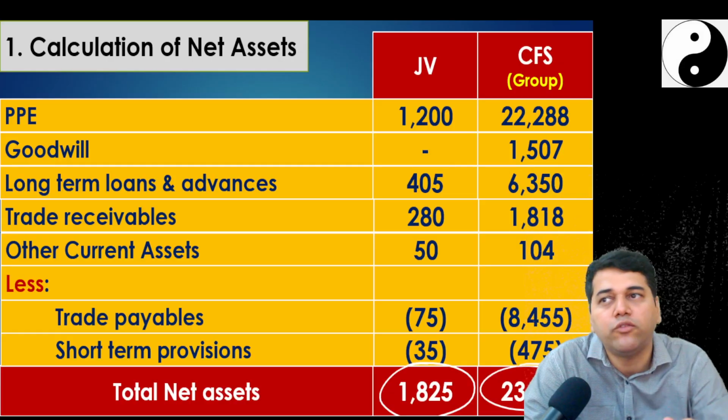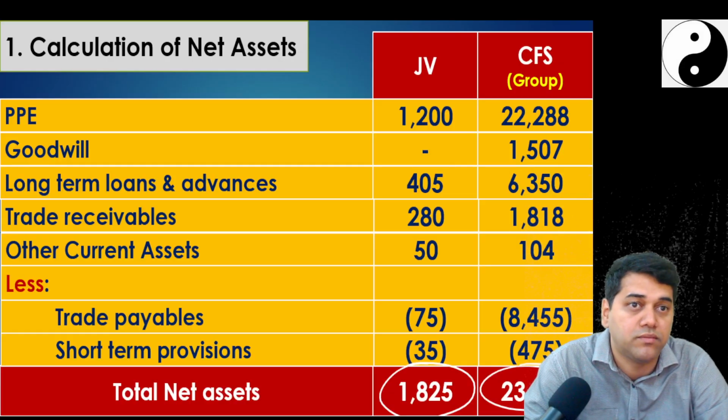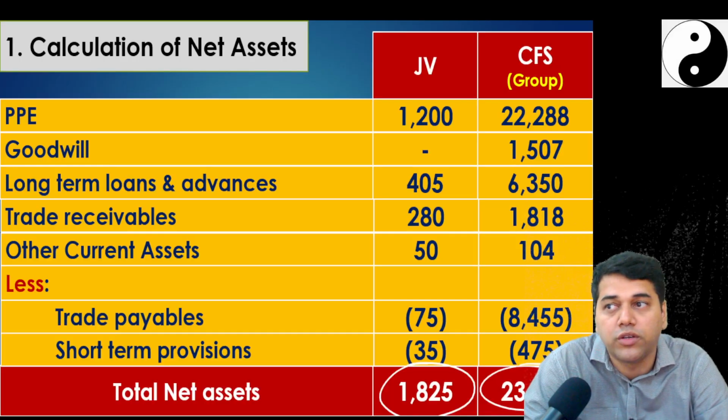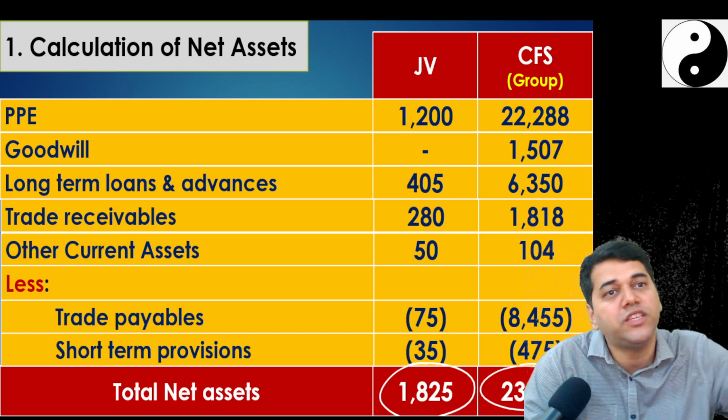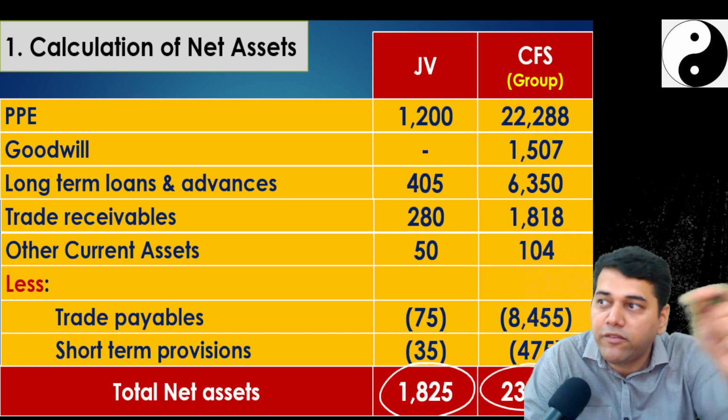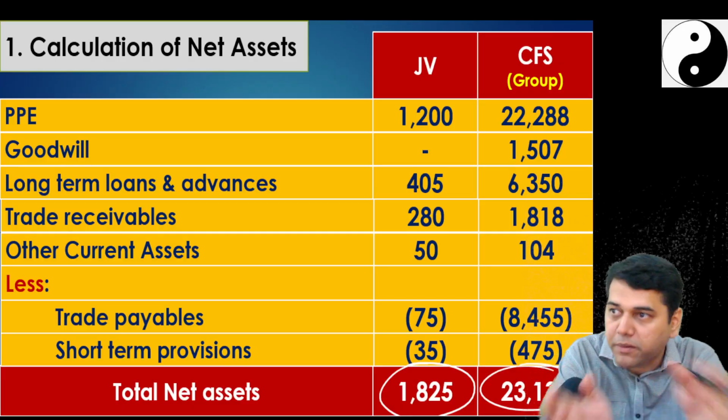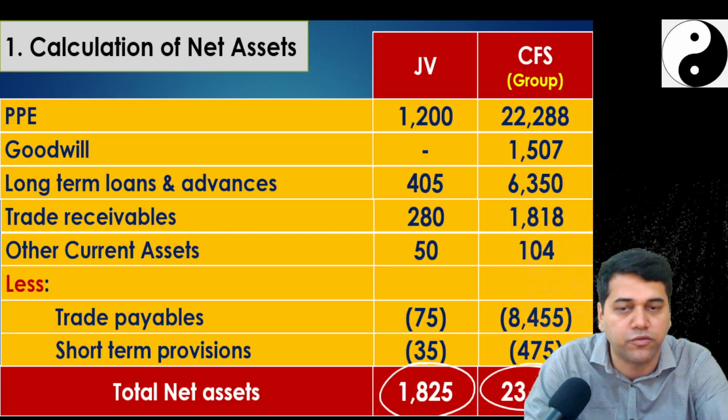So now I will calculate the value of the investment, which we already told. What is my value of the investment? The net assets which you derecognize with the goodwill. And then we give an explanation of how you calculate the goodwill by the proportion of the net assets.